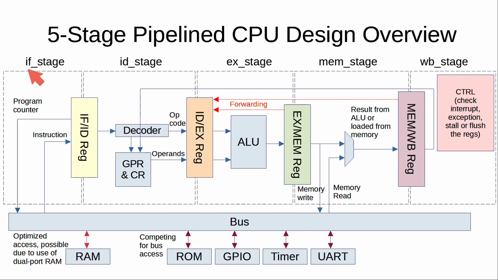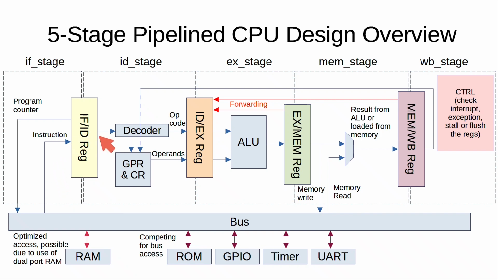In the first stage, we have the instruction fetch stage. In this stage, we have a program counter to keep track of where we are currently executing. Using this counter, we can get the instruction from either the RAM or the ROM.